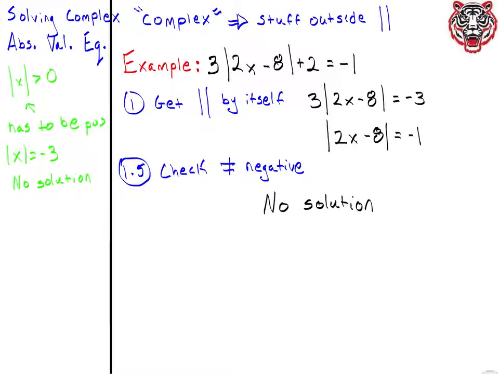All right, here is our final example. All right, here we go. I'm going to say my new equation is 3. Guys, follow along with me. 3 times the absolute value of 2x minus 8 plus 2.